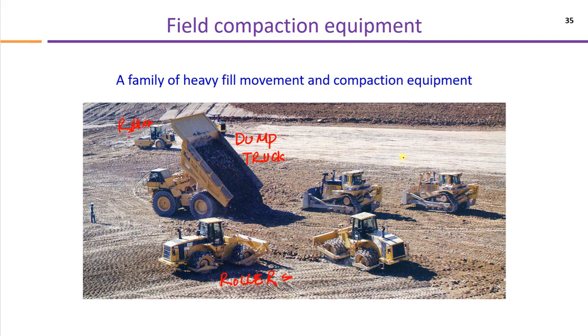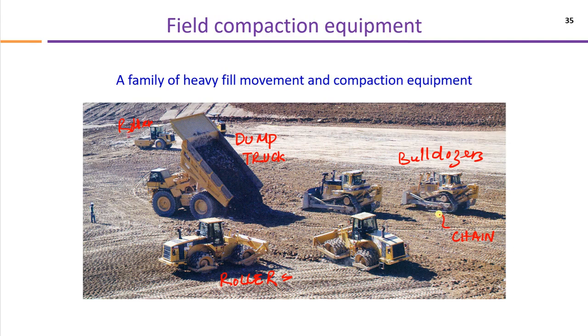Okay, and these are called bulldozers. They are chain mounted bulldozers. If you look here, this is a chain. These chains give it stability, and it can go into any area and it is going to be stable.